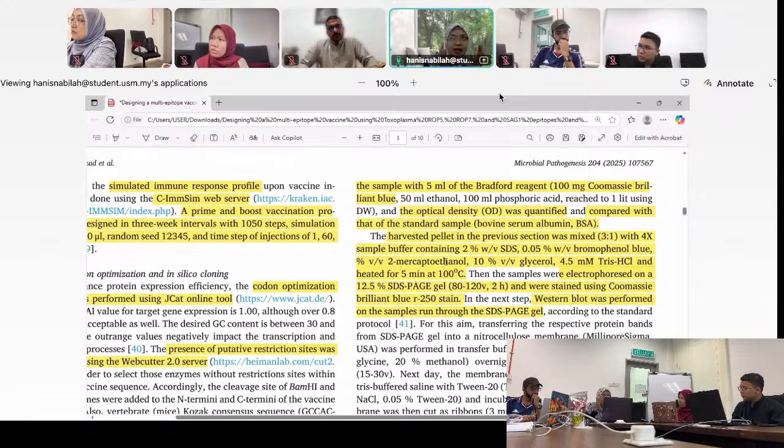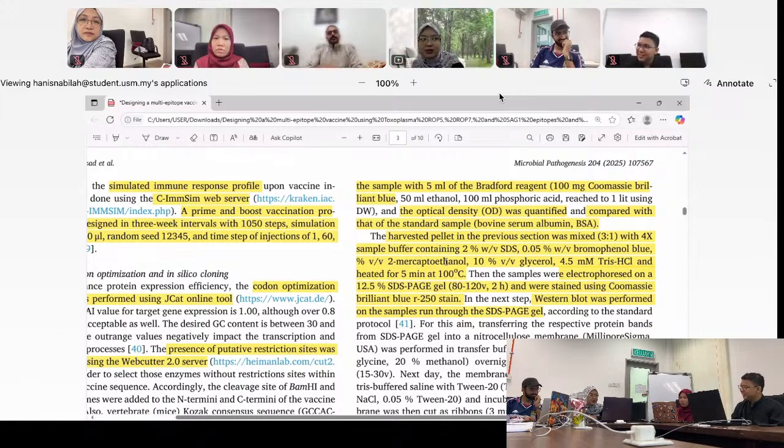Then they take this plasmid and transfer it into HEK cells to express the protein.